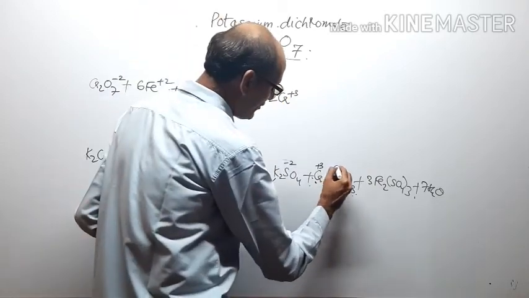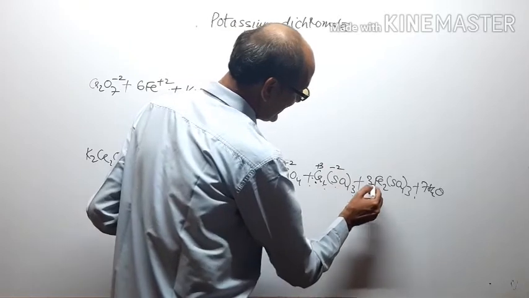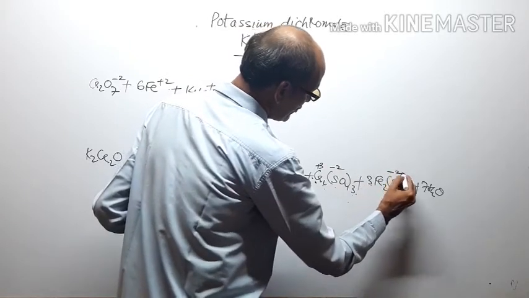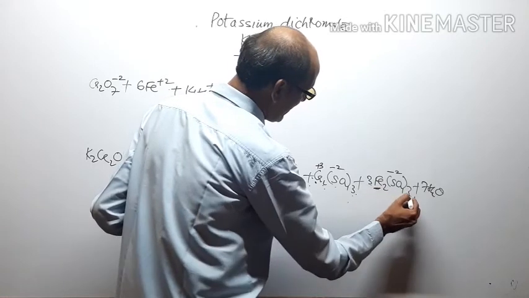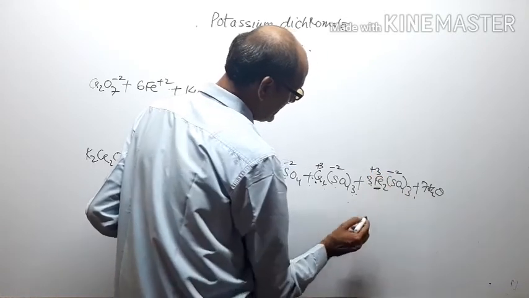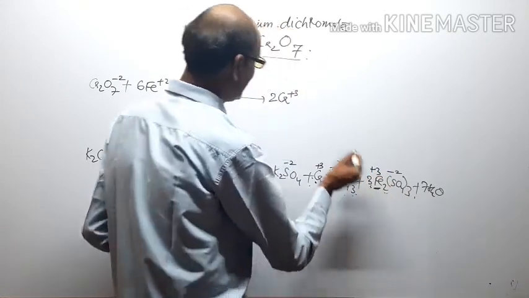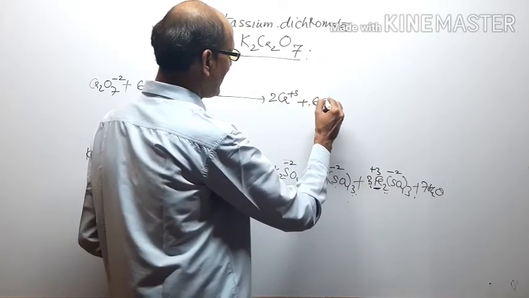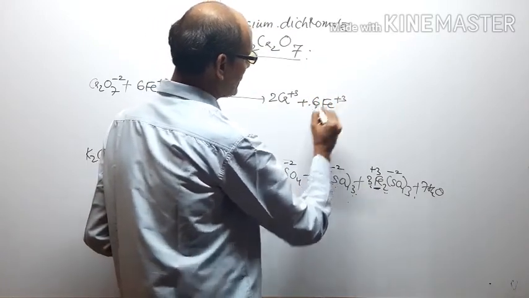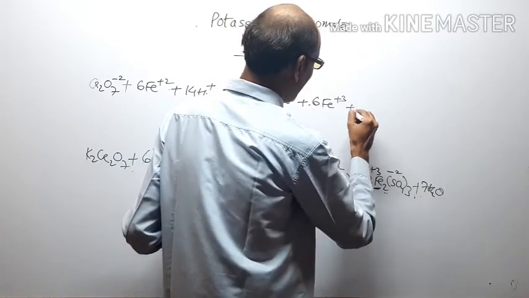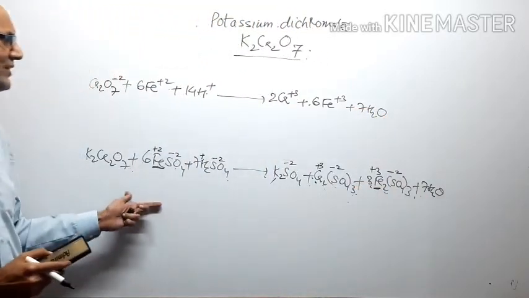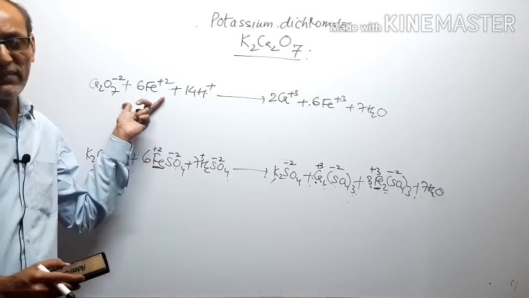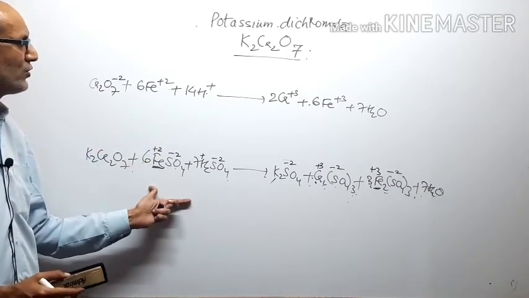Sulfate we have to remove from here. Now this sulfate we have to remove from here, but what we are seeing here is Fe having the +3 oxidation state. 2 3s are 6, so we have to write 6Fe3+ plus 7H2O. Dear students, the reaction written in the form of ions is similar to this one.